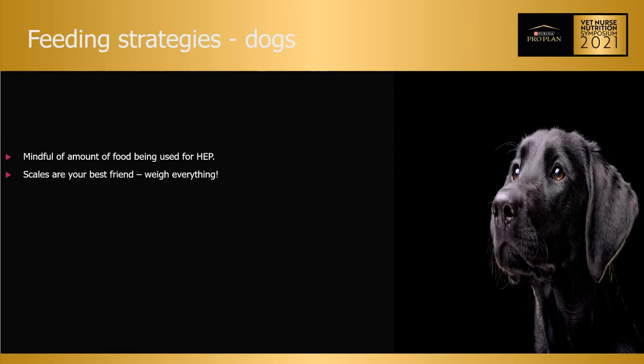And this just ensures that the amount that we're giving per day is an accurate amount. So if for any reason that patient is losing too much weight or too little weight, then we know we can confidently adjust those amounts. So we can confidently increase or decrease the amount of calories they're consuming per day.